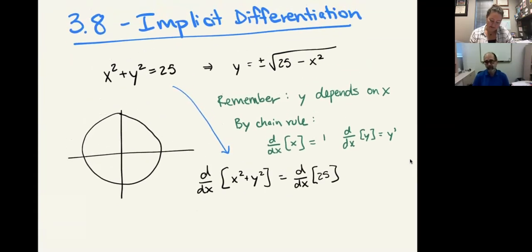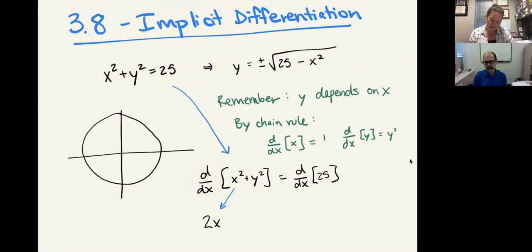If I take the derivative of x squared with respect to x, what will I get? That's just like a normal derivative, so I get 2x using the power rule. Again, using the fact that when we take derivatives we have a sum rule, we can take the derivatives separately.